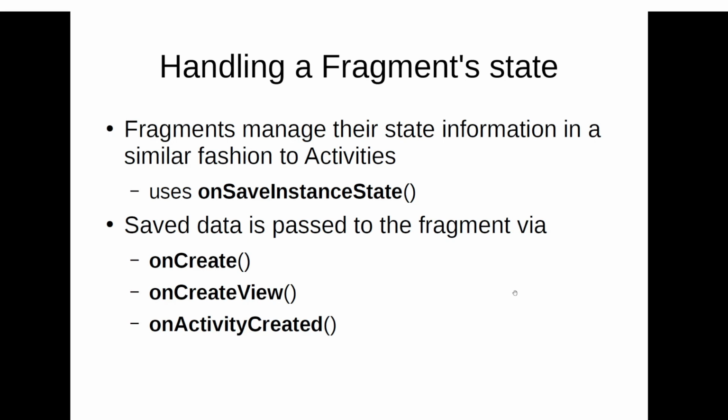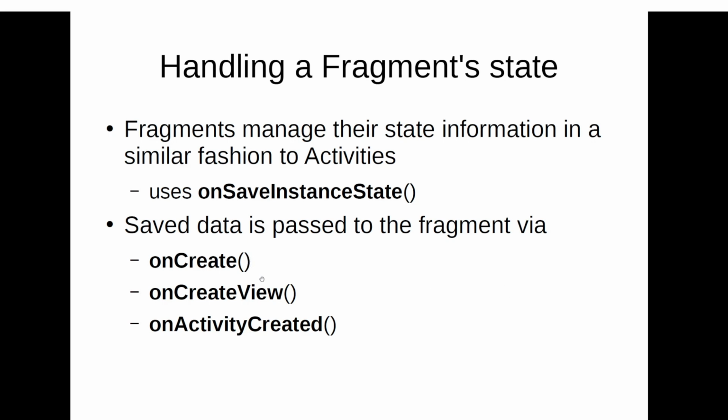Unlike an activity, however, our fragment has multiple places where that data can be returned. That data can be returned via onCreate in a fashion similar to an activity, but it can also be returned in onCreateView and in onActivityCreated.